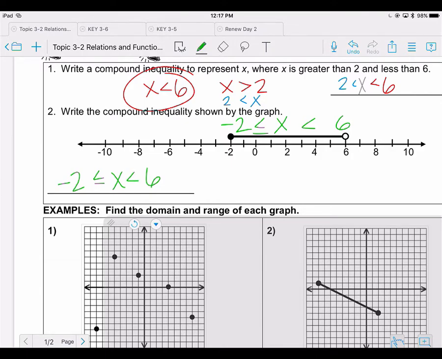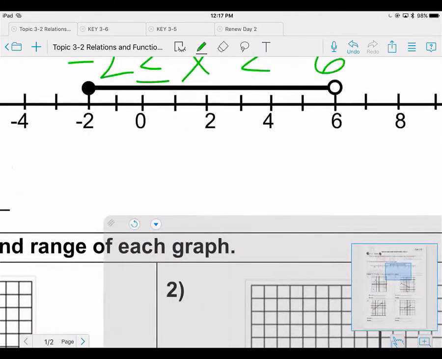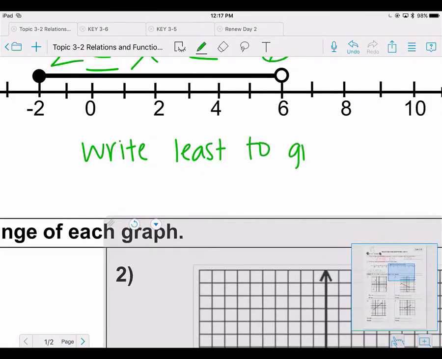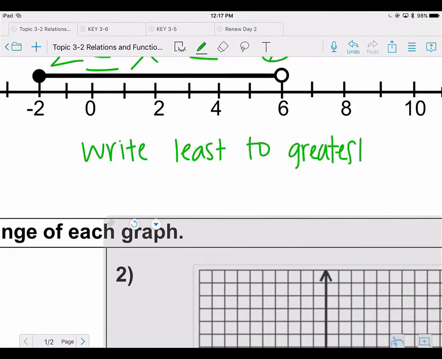X is between those, and because x is between those, we will always write least to greatest, so you will always use less than signs.